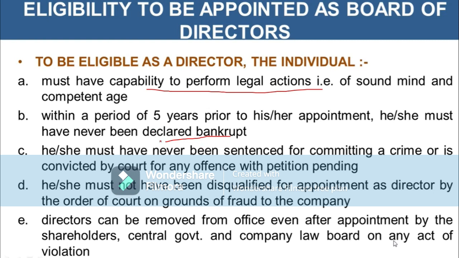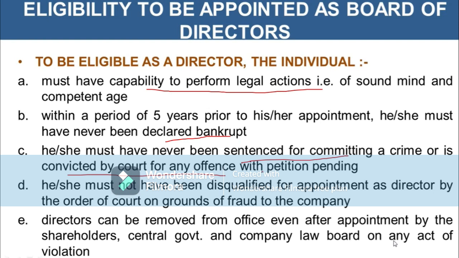So that is declared bankrupt, and he must have never been sentenced for committing a crime or convicted by court for any offense with petition pending. He should not be sentenced for committing a crime, or convicted by court for any offense, or else any petition is pending regarding his offense.